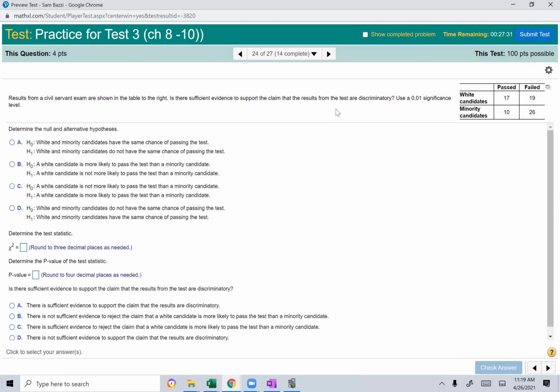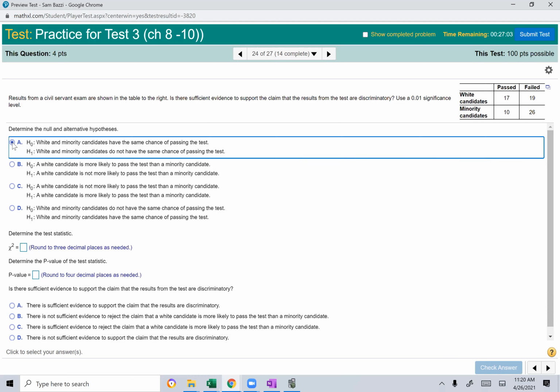Use a 0.05 significance level, meaning that whether you pass or fail is related to whether you are a white or a minority candidate. So that means there is a relationship between the two. Okay, determine the null and the alternative hypotheses. We need independent and dependent. So there will be this one here.